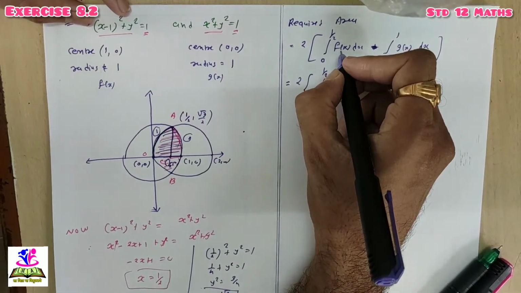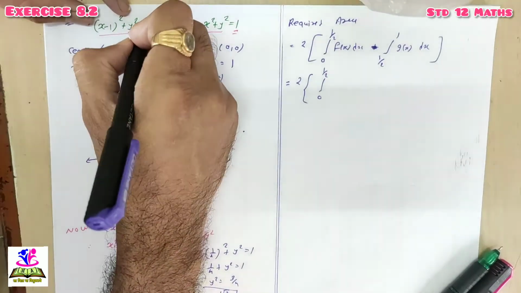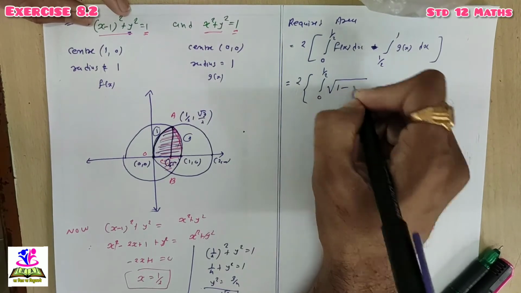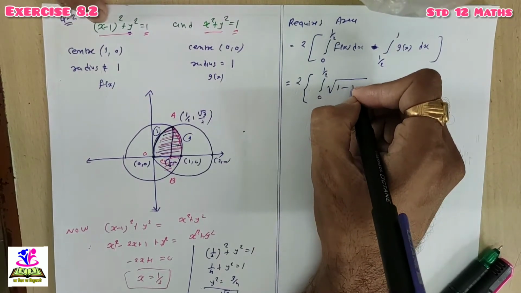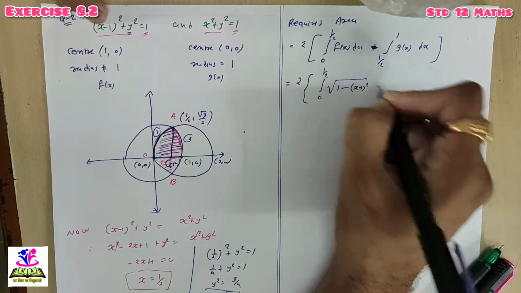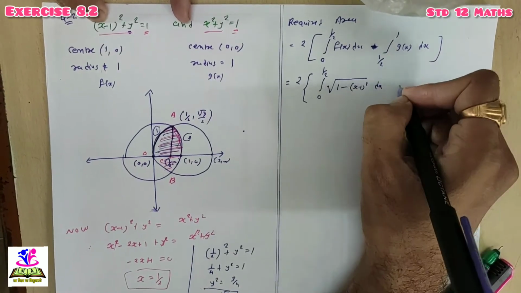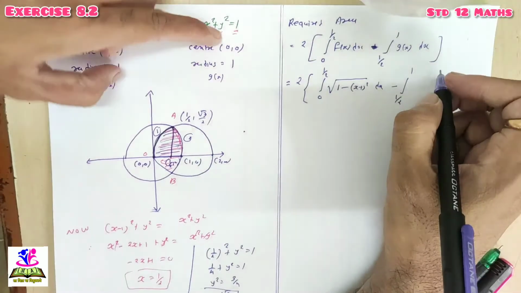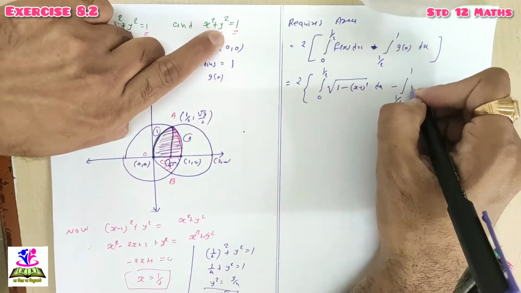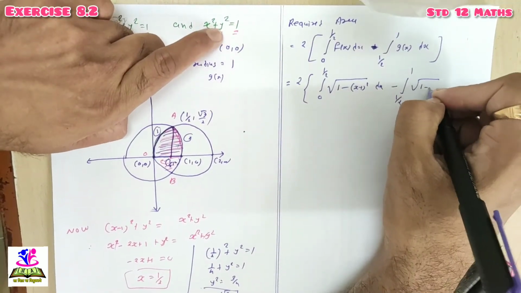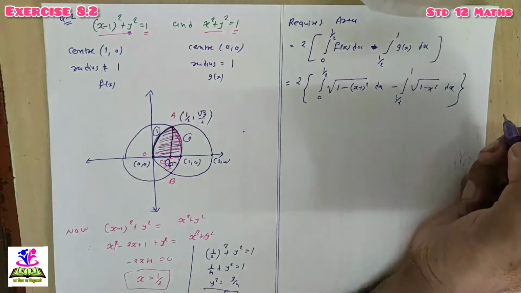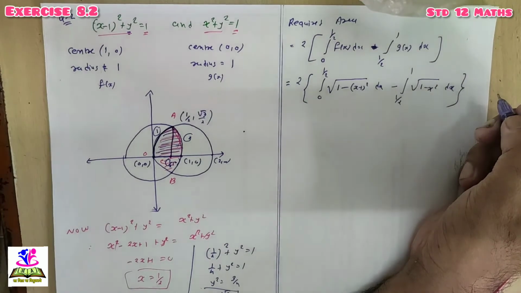Now our f of x is y and y equal to 1 minus, और स्क्वायर रूट में आएगा पूरा, so it's a square root 1 minus x minus 1 whole square dx minus 1/2 to 1 g of x, this is our g of x, और इसका y क्या होगा, square root of 1 minus x square dx. ब्रैकेट ओवर. Done.